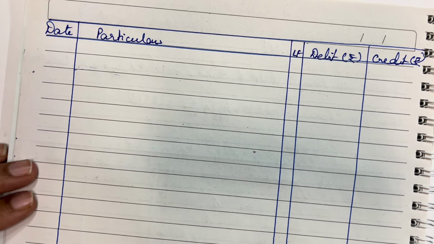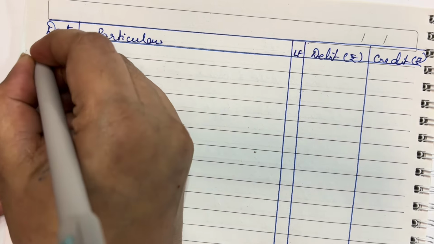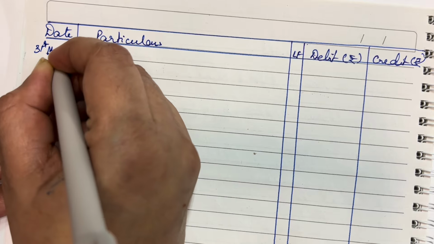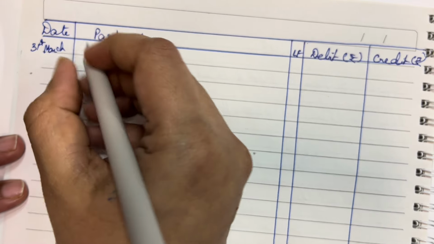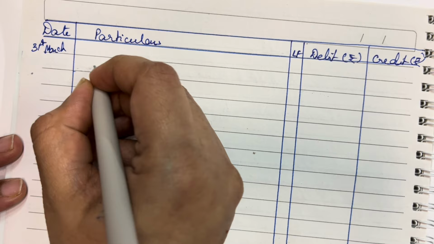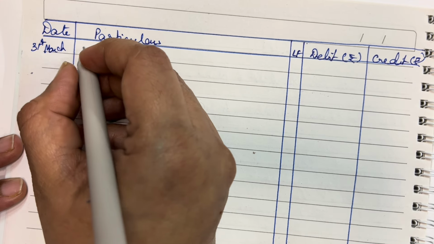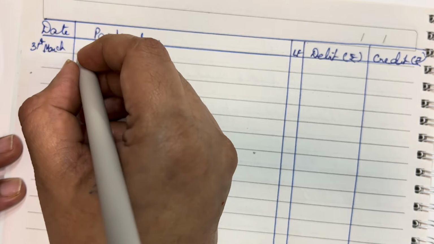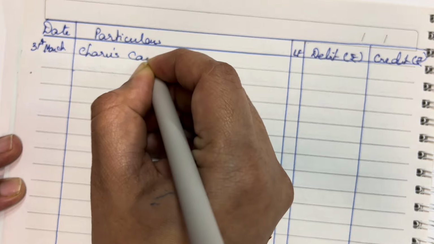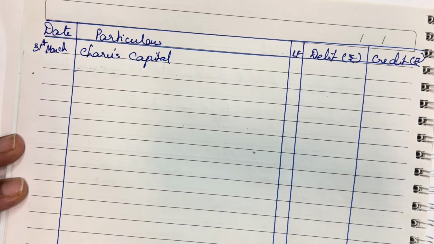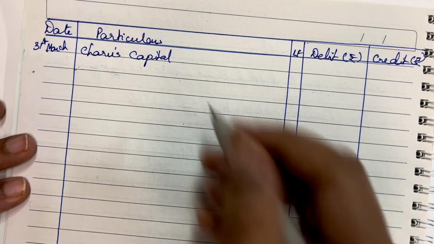The next journal entry will be for Charu on 31st of March. What is happening? The interest on loan will not be transferred, it will stay in Charu's capital account till it is paid.